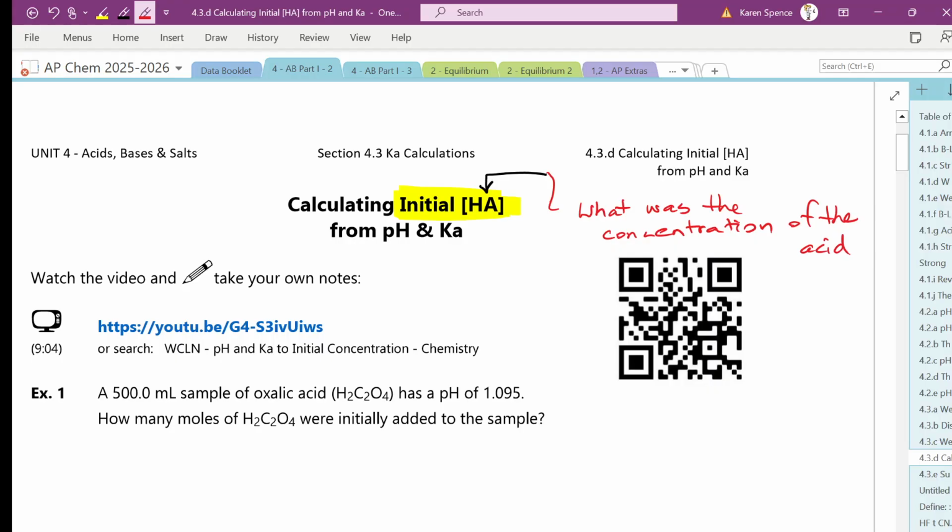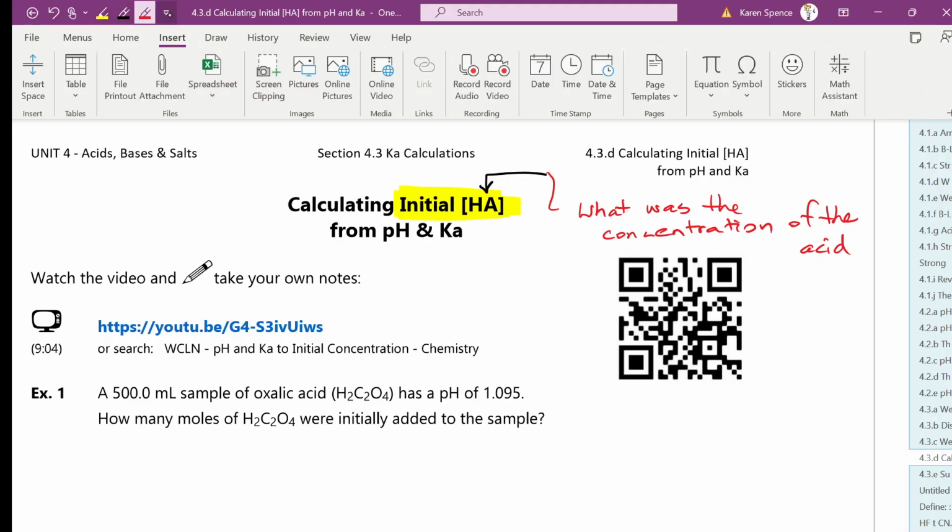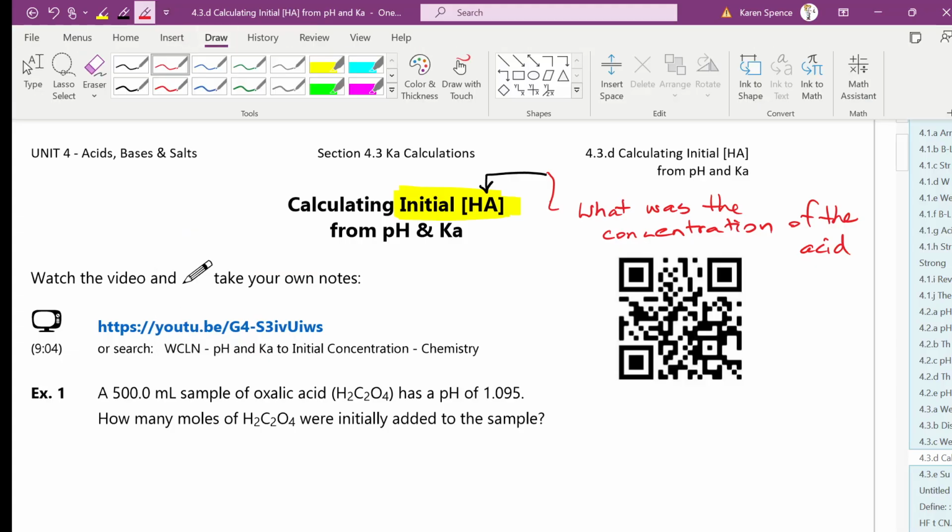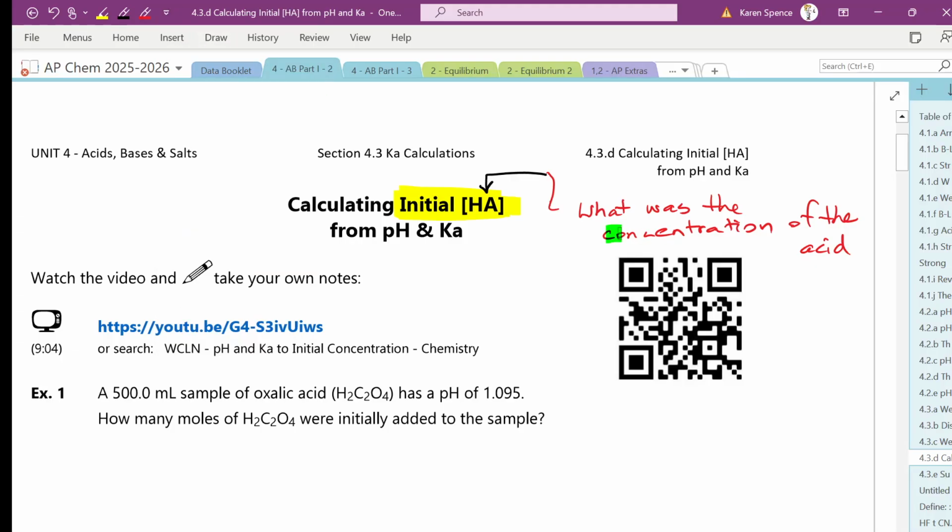And what do you know about concentration of the acid? Concentration of the acid is always initial.